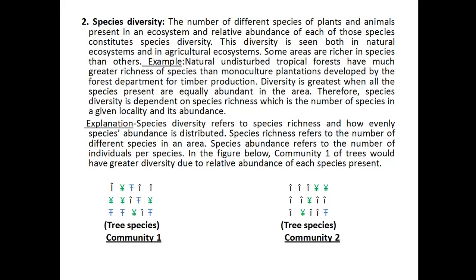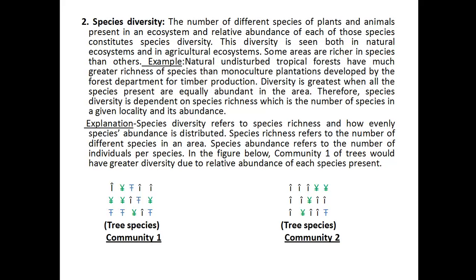Diversity is greatest when all the species present are equally abundant in the area. Therefore, species diversity is dependent on species richness, which is the number of species in a given locality, and its abundance.